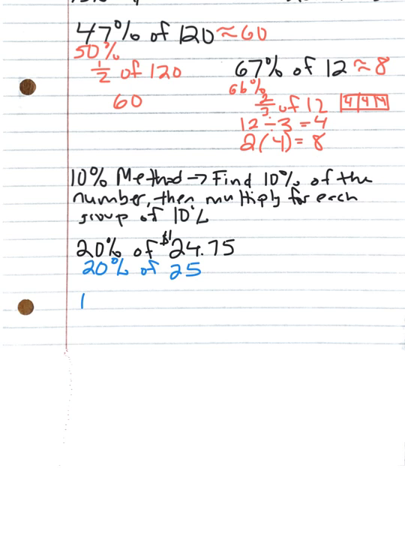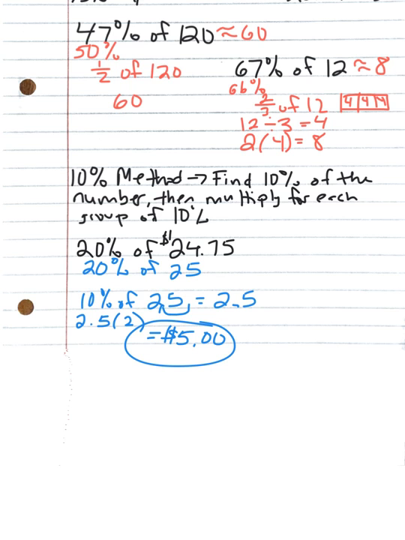So first I'm going to find 10% of 25, which is really like dividing by 10. So I'm going to take my decimal point and move it back one spot. So 10% of 25 is equal to 2 5/10. But because I wanted 20% and not 10%, I'm going to take that 2 5/10 and double it, or multiply it by 2. So in this case, my tip would be about $5.